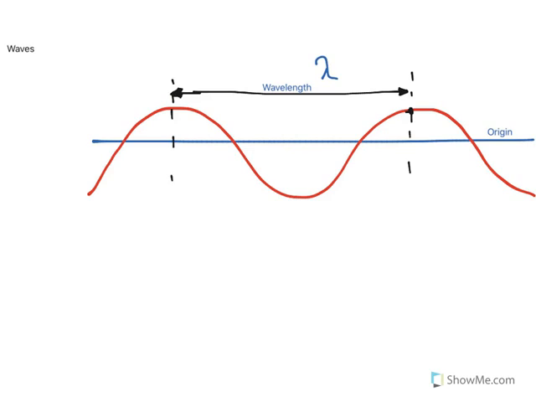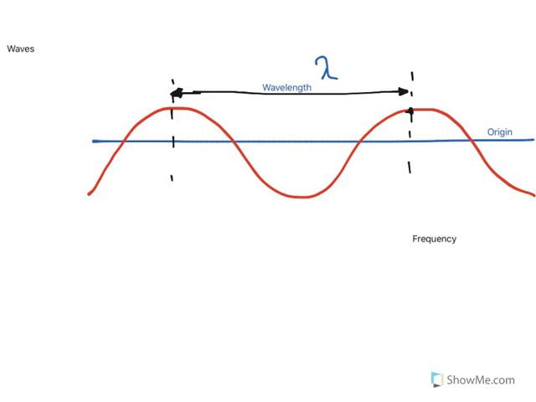Another term that's used to describe waves is the height of a wave from its origin to the crest. This is called amplitude, and that's as far as we're going to go in terms of amplitude. We really care more about two components of a wave, wavelength and frequency.